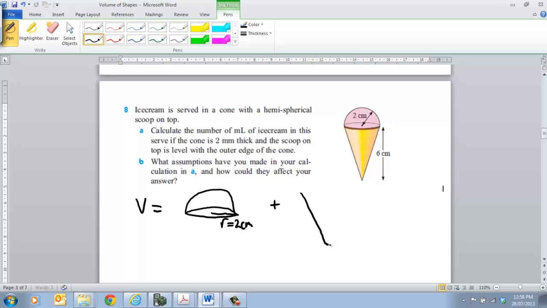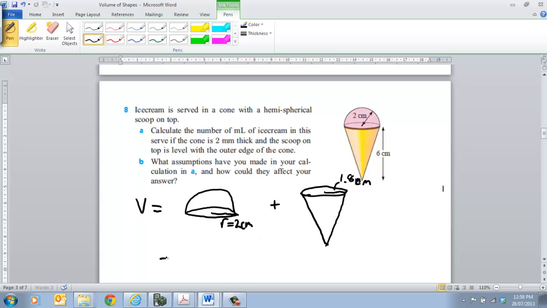Now we need to consider the cone has a thickness, and the thickness of the cone is in fact 2 millimetres. So the radius to our particular edge is going to be 1.8 centimetres because it's got a 2 millimetre thickness.